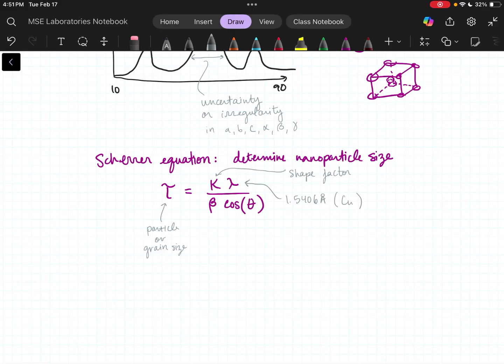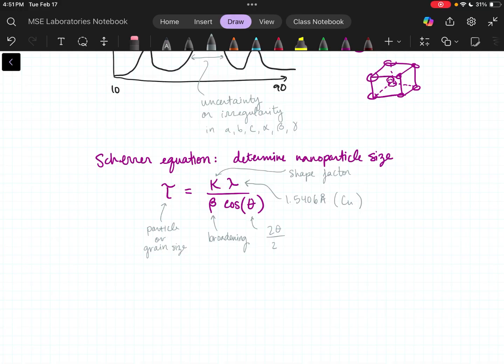But you're welcome to assume whatever the heck you want about your material. Lambda, we've been working with, that's 1.5406 angstroms for our copper source. There are other sources that are not copper. That theta, I said, is 2 theta divided by 2.